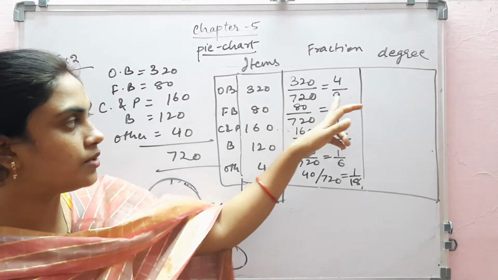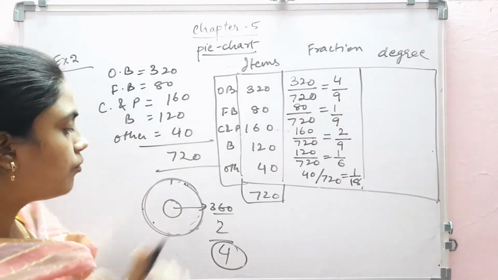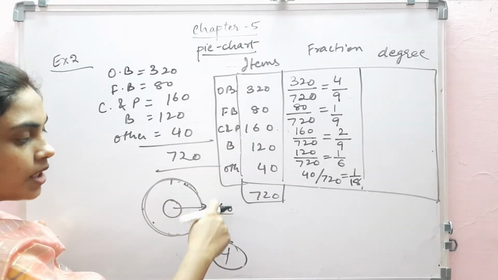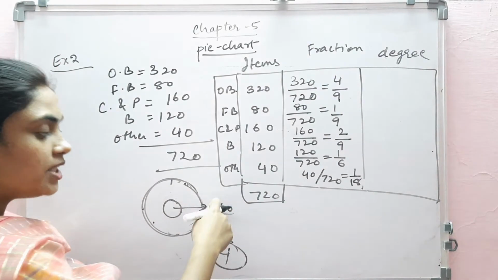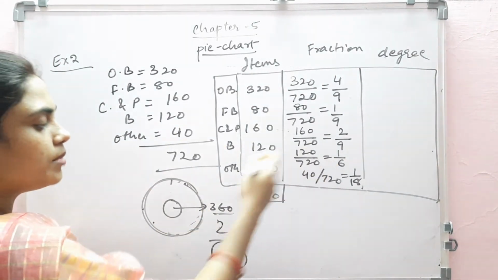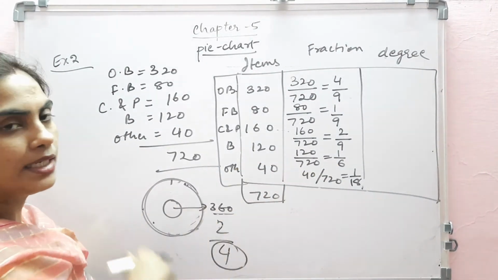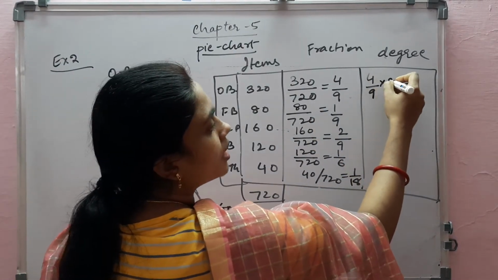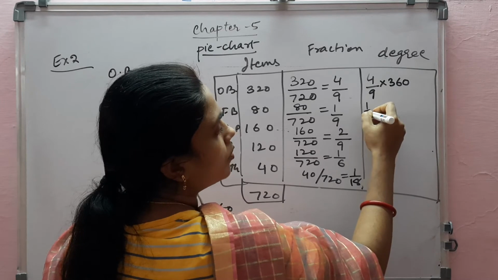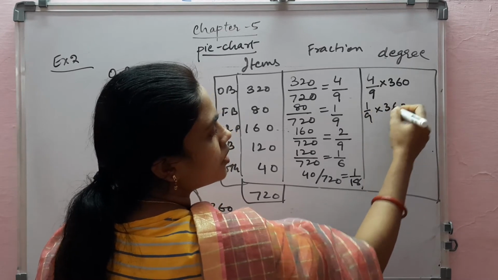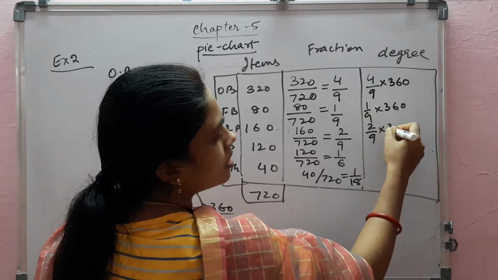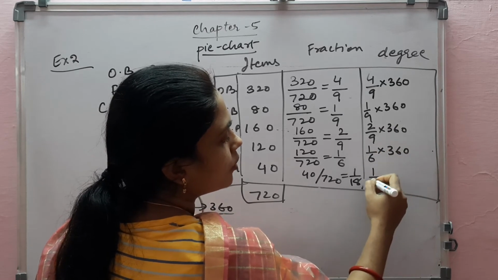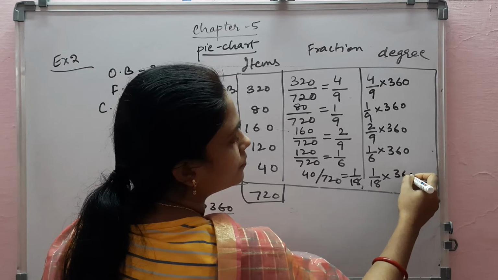We will put the 360 into multiplication. 4 by 9th part of 360, 1 by 9th part of 360, 2 by 9th part of 360, 1 by 6th part of 360 and 1 by 18th of 360. So we will get 4 by 9 into 360, 1 upon 9 into 360, 2 by 9 into 360, 1 by 6 into 360 and 1 upon 18 into 360.